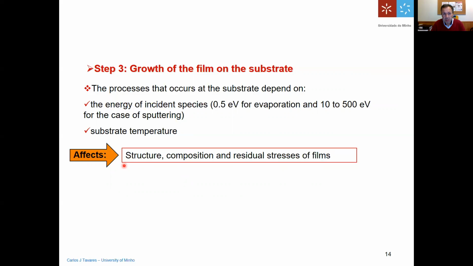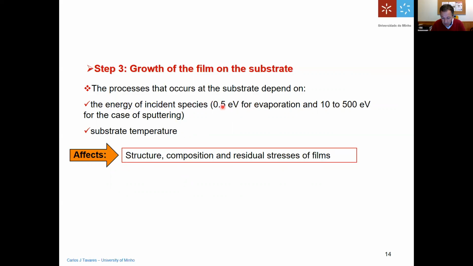And normally the energy of the incident species is between 0.5 and 1 electron volt for the case of evaporation, and 10 to 500 electron volts for the case of sputtering. So what does this really mean?